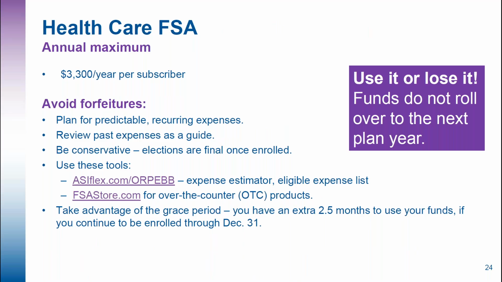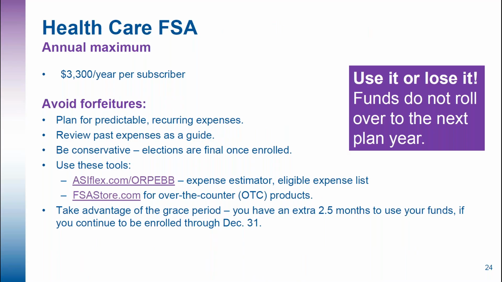For the healthcare FSA, the annual maximum is $3,300 for you and your family. Again, plan for predictable, reoccurring expenses. Be conservative. Look at this plan year as kind of your guide. Be conservative because everything's final.